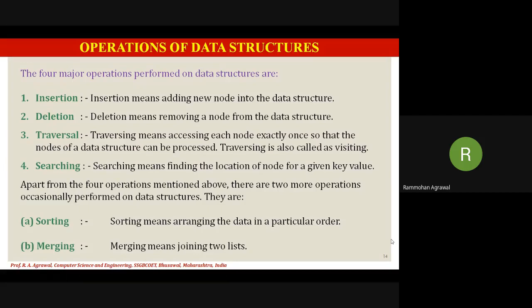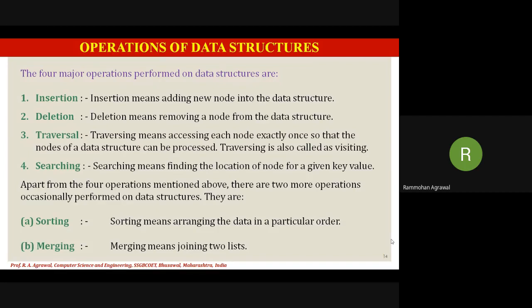What is searching? Searching is approximately the same as traversal, but there is one important difference between searching and traversal. Suppose the element is present at the second location, and there are 10 elements in the list.